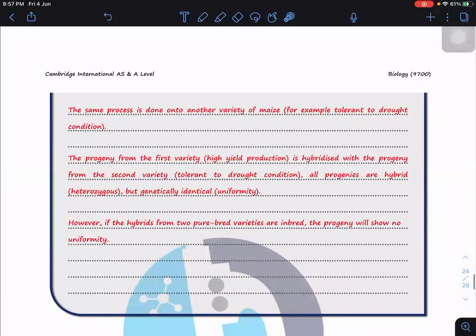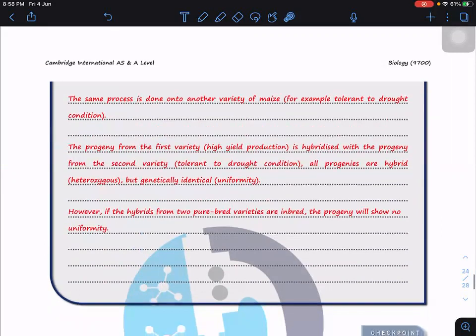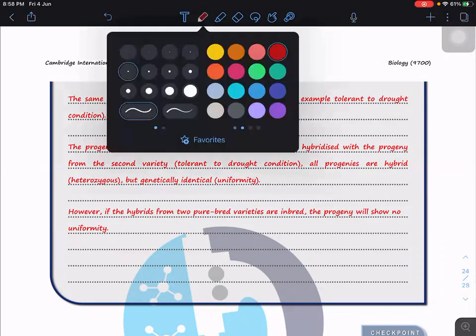Okay, the same process is done to another variety of maize, for example tolerant to drought, or just now we said disease tolerant. So the progeny from the first variety, high yield production, is hybridized with the progeny from the second variety, tolerant to drought conditions. Then all progeny are hybrids, heterozygous, but genetically identical. Here I just want to clarify it.